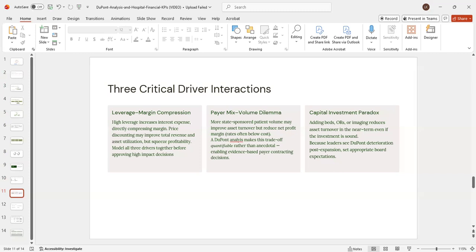Okay, so again, lowering your length of stay improves margins and asset turnover, but if you handle that badly, it can then cause penalties, which then offset some of the gains you had on the profit margin side.